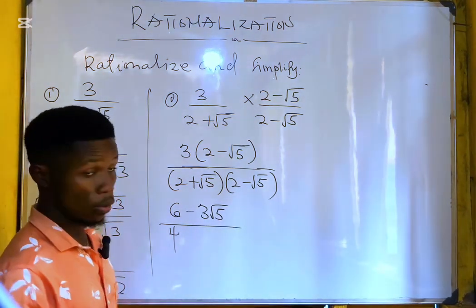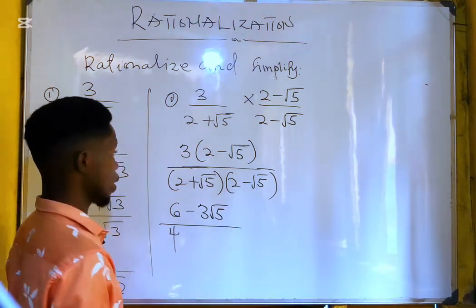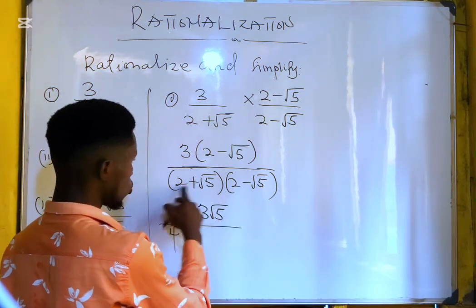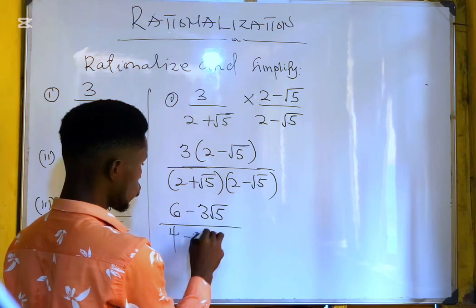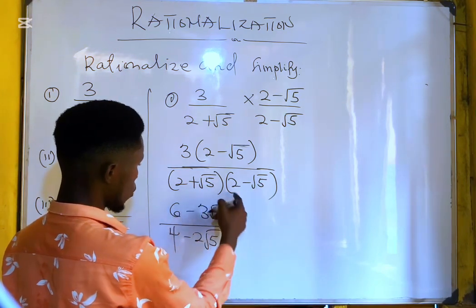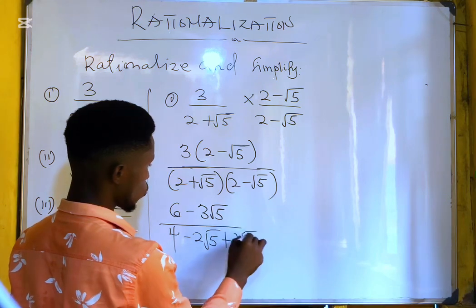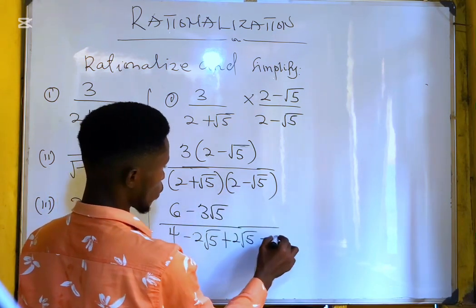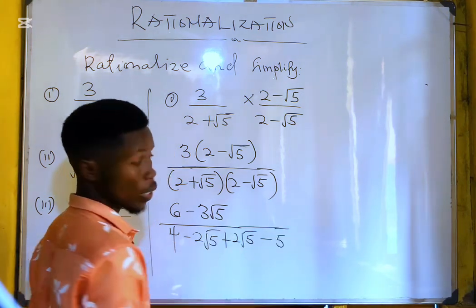But let me do the first one for you to see what I'm talking about. Then later I will show you that. So we have 2 times 2, then 2 times this will give you negative 2 root 5, plus root 5 times 2 will give you positive 2 root 5, minus root 5 times root 5 will give you 5. Already I've explained this.